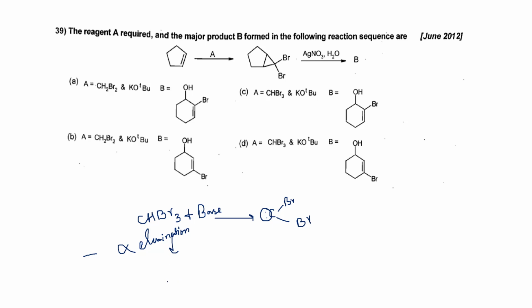So through alpha elimination, in presence of base, this H minus is eliminated and there is a generation of negative charge, and 3 bromine are there.